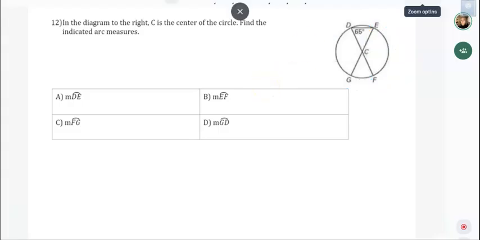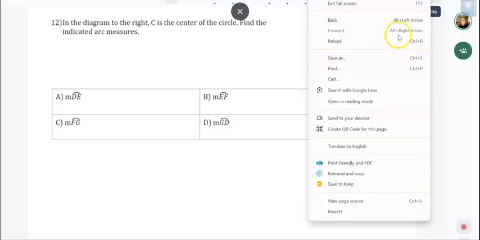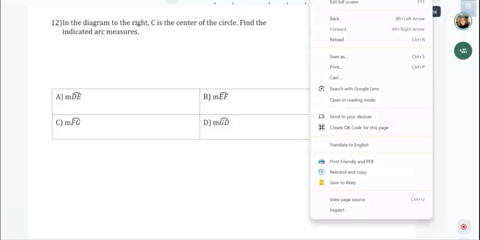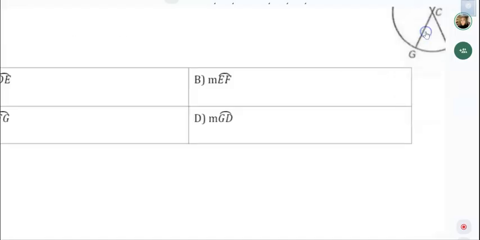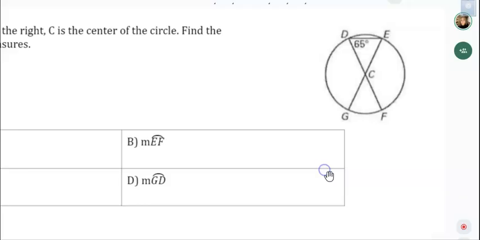On this one here, we can think about, this is like example number 3 from your notes, where we have a triangle. So I could say, oh, if that's 65, then this is 65.